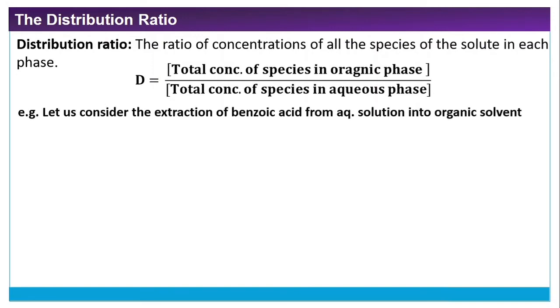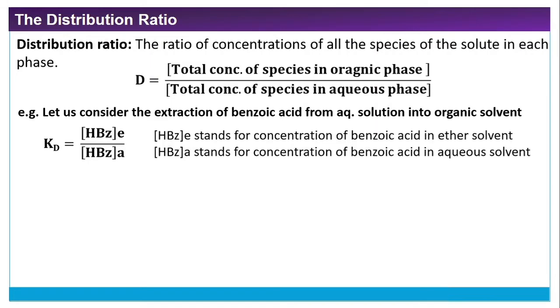Let us consider the extraction of benzoic acid from an aqueous solution into an organic solvent, suppose that is ether. Then Kd, the distribution coefficient, is equal to the concentration of benzoic acid in ether divided by the concentration of benzoic acid in aqueous solution.